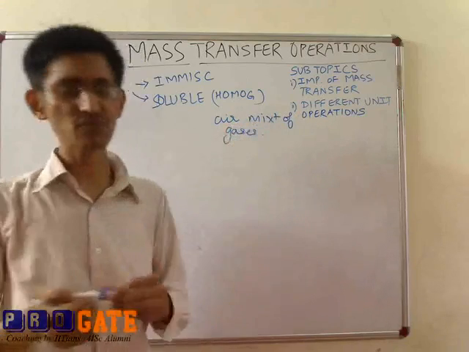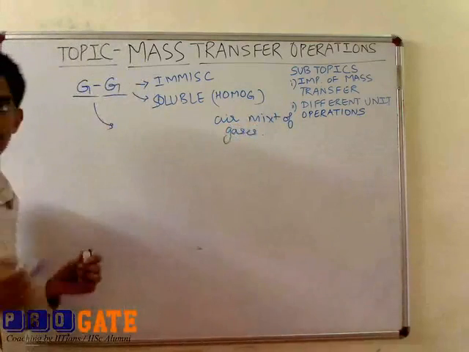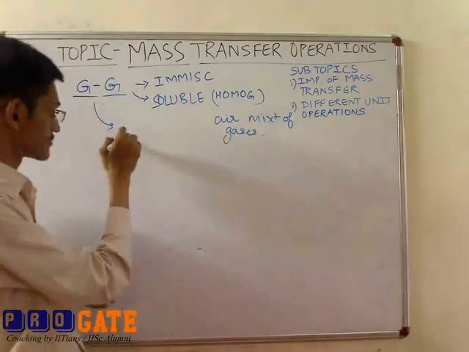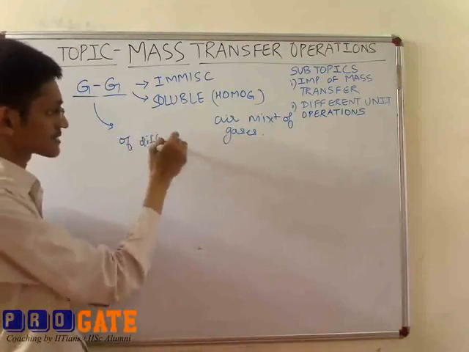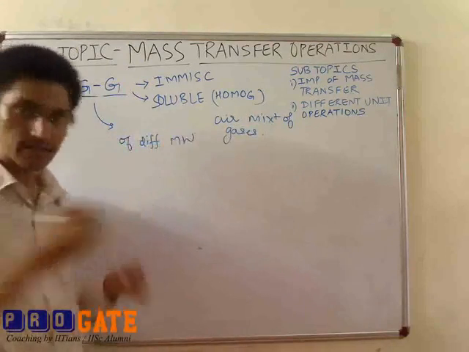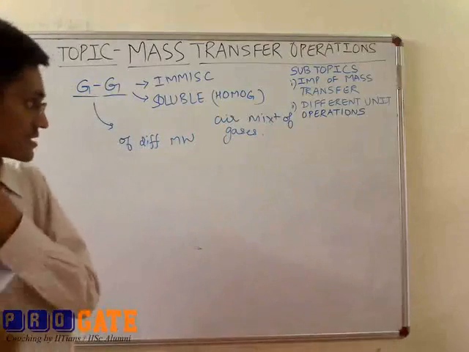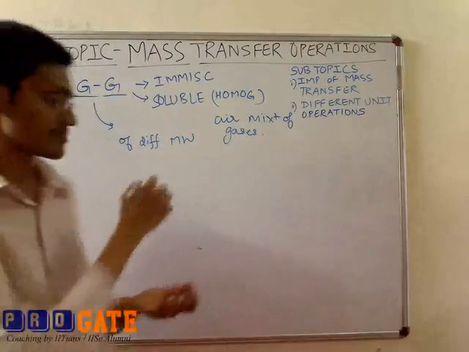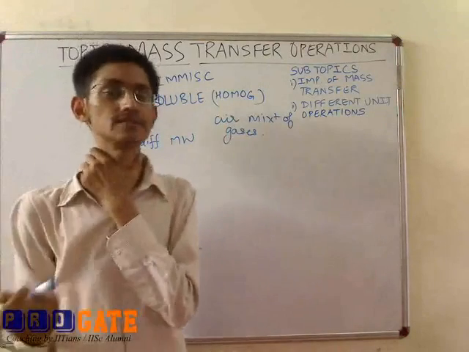So as such we don't have 2 immiscible phases normally, but still the separation is possible when we have 2 or more gases that are chemically different, that is, of different molecular weights and different chemical structure. So if we want to separate these gases, one of the unit operations may be passing through a microporous membrane. These membranes consist of pores of different sizes.